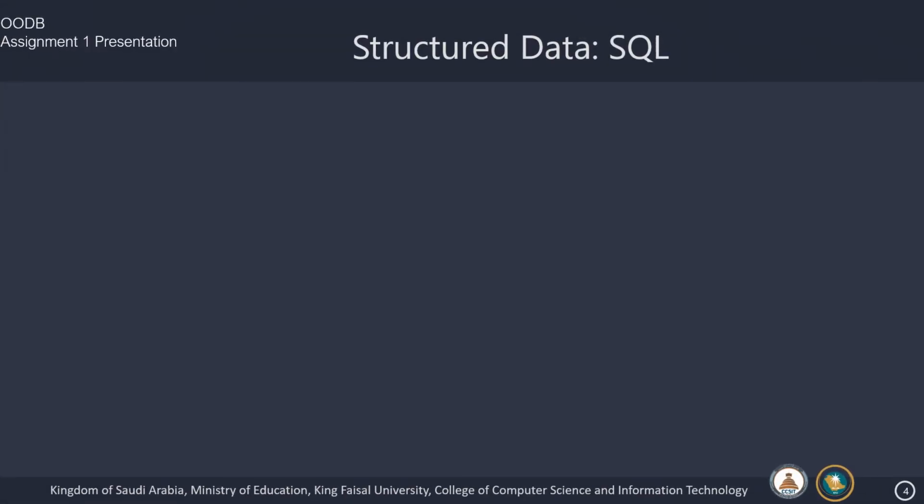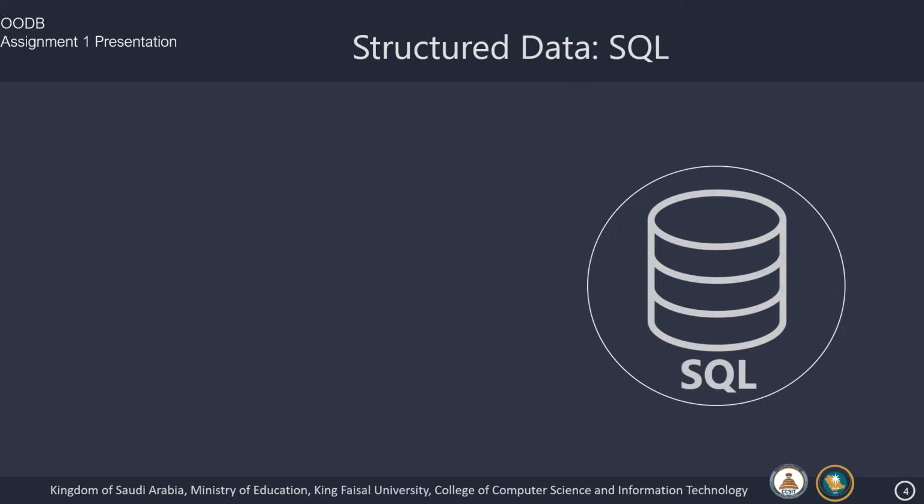So the first type of data is structured data, which is used with relational databases. We use structured query language in order to query the structured data, and access and store it. Any structured data is stored according to a predefined schema.